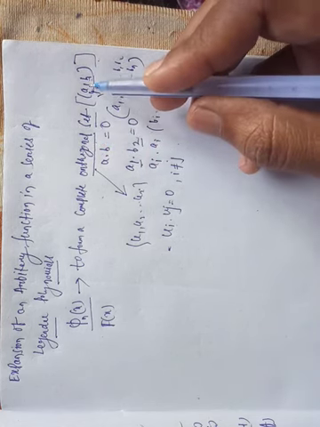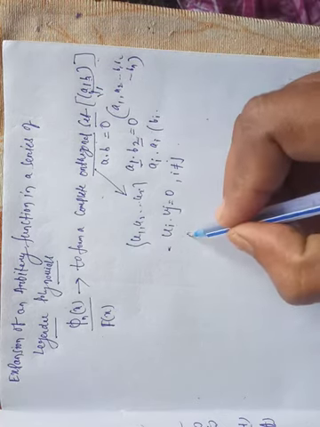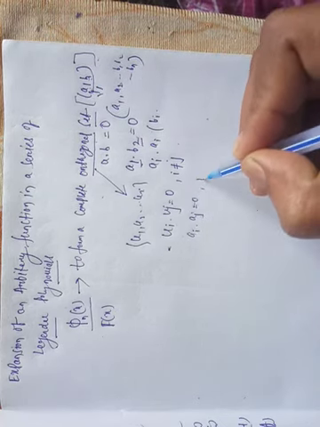Similarly, if ai dot aj is equal to 0 for i not equal to j, or bi dot bj is equal to 0 for i not equal to j, then this set of functions in the interval a b is called an orthogonal set.